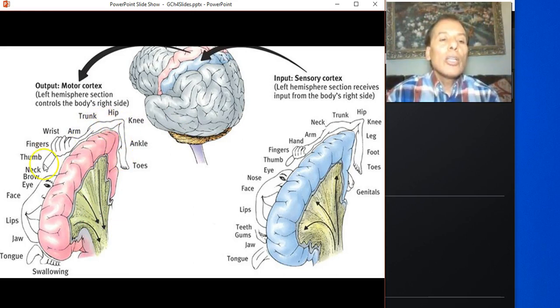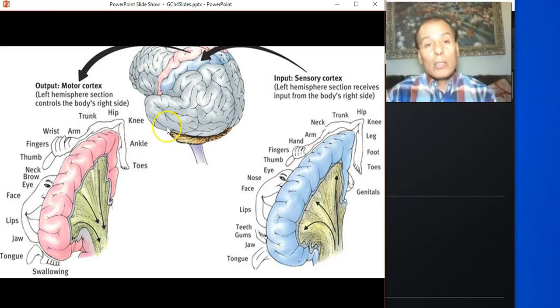So that image here is called the homunculus. Homunculus means little man. There's a motor homunculus, which shows the map of motor movement, voluntary movements, and the sensory homunculus, which is on this area here, because that's part of the parietal cortex, and that is a sensory map of your body.